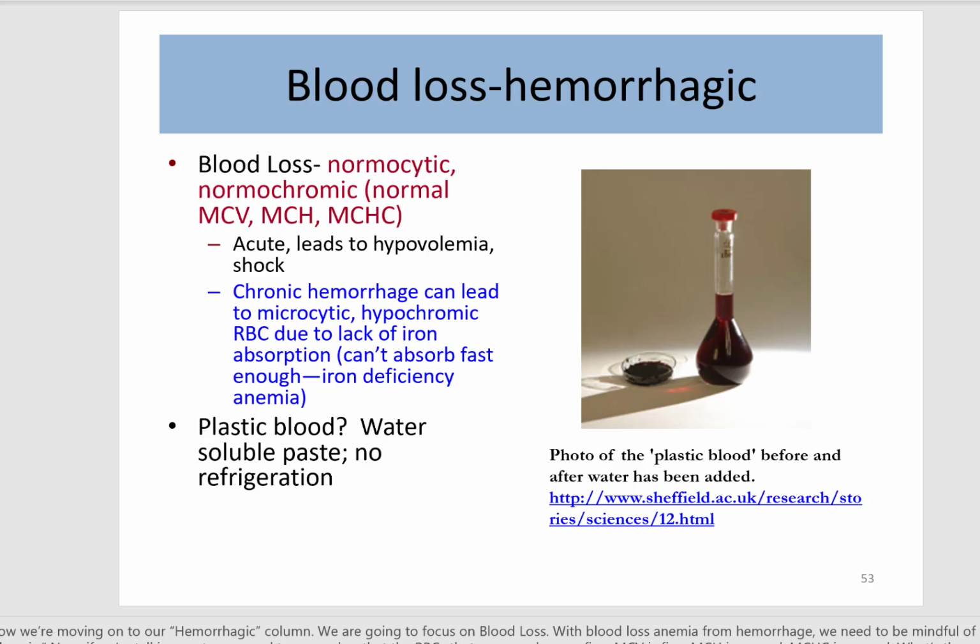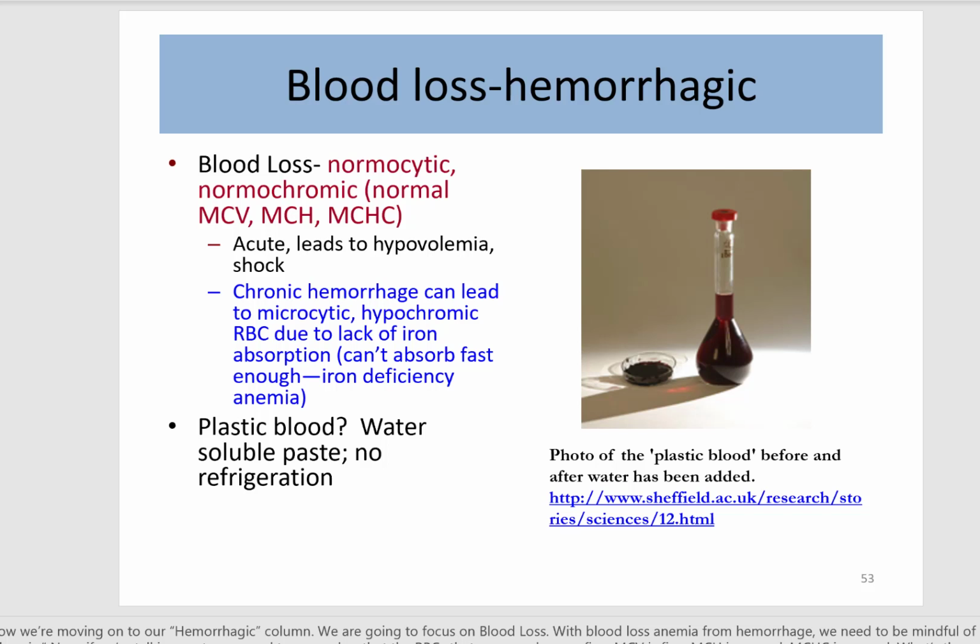Well, there's actually quite a bit of focus on this plastic blood where you can dehydrate it, desiccate it, shown here in the little plastic dish, and then all you have to do is add water, and then you can resolubilize that plastic blood. It's not perfect, but it actually can replace the blood volume. It doesn't require refrigeration.